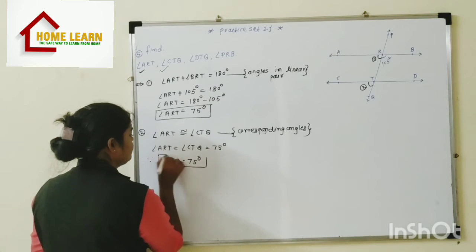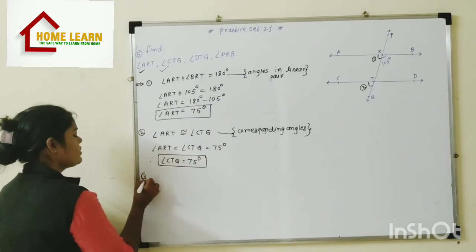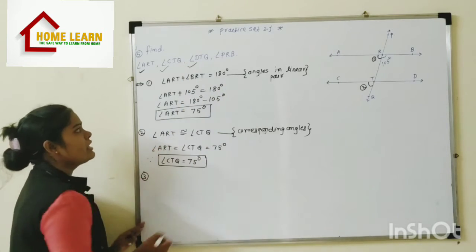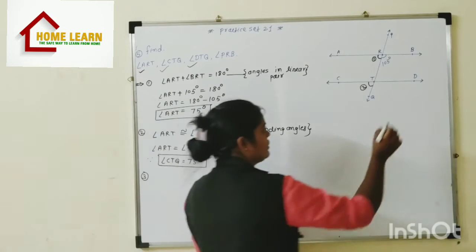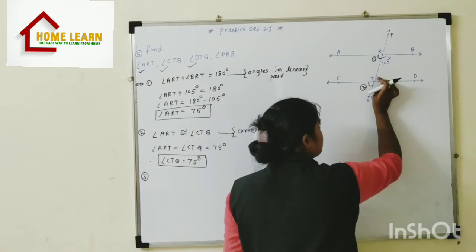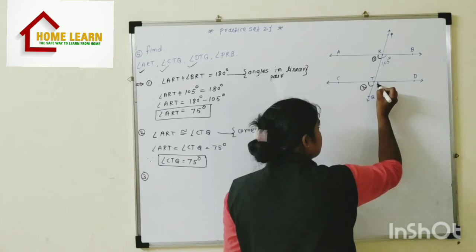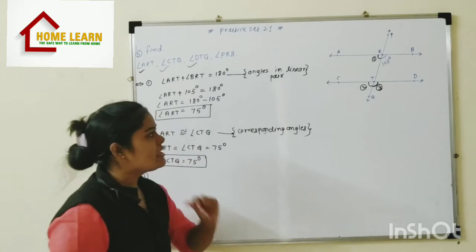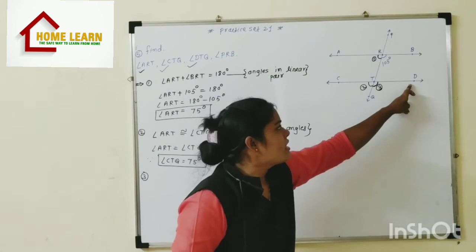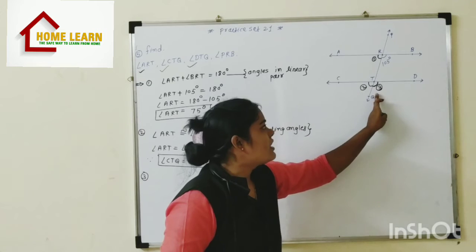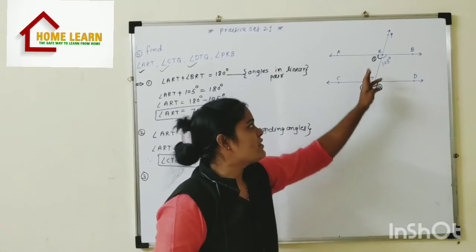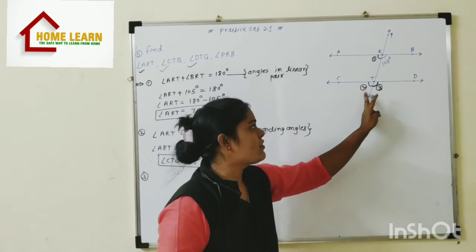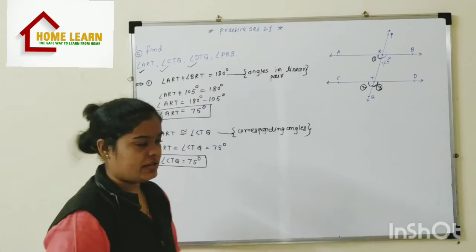Right, reason here. Okay, let's have the solution for the third, angle DTQ. See here, this is the angle DTQ, that means this, the third one. You can see that CD is a line and these two angles are angles in linear pair, as we saw above, and hence the addition of these two angles is 180 degrees.